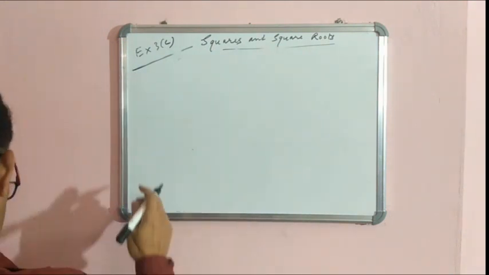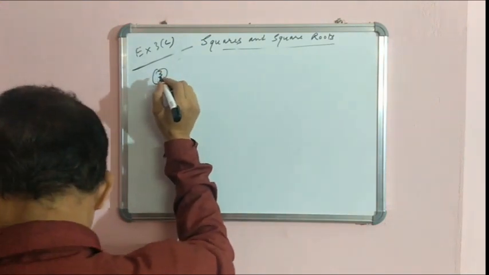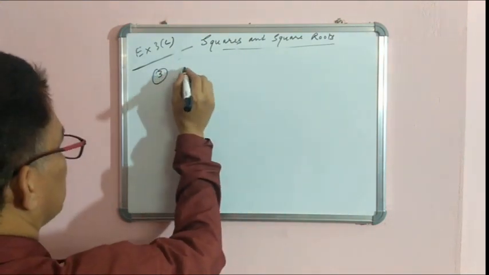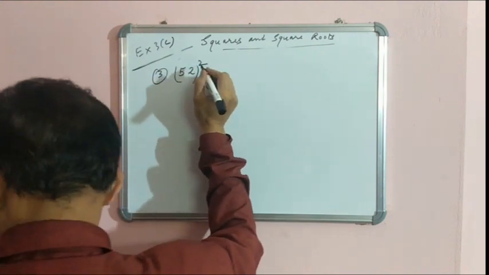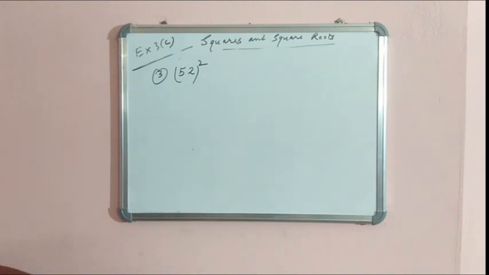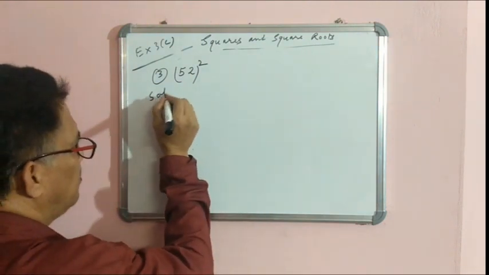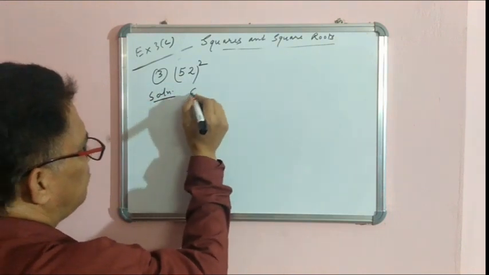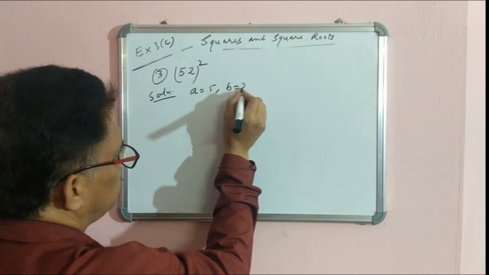Our next question, question number 3, is 52 whole square, which we have to find out using the column method. So we will find the value of A is equal to 5, the value of B is equal to 2.